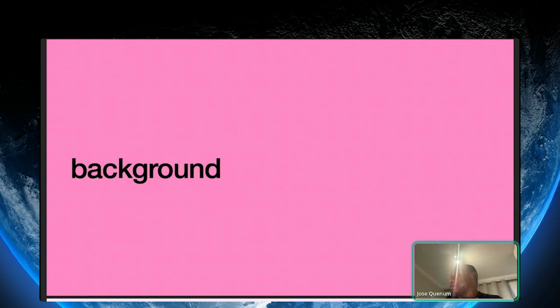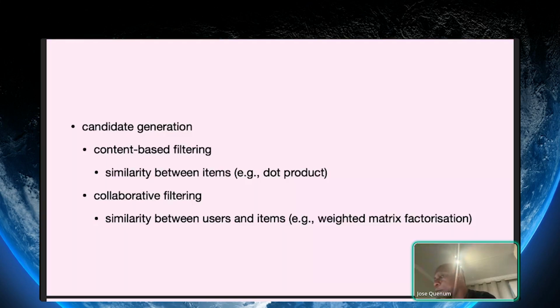Typically, when you're developing a recommender system, you need three essential components, right? The first one is the candidate generation. For candidate generation, you can use two possible techniques: either content-based filtering, where you look for the similarities between items based on the previous preferences of the specific user you're targeting.